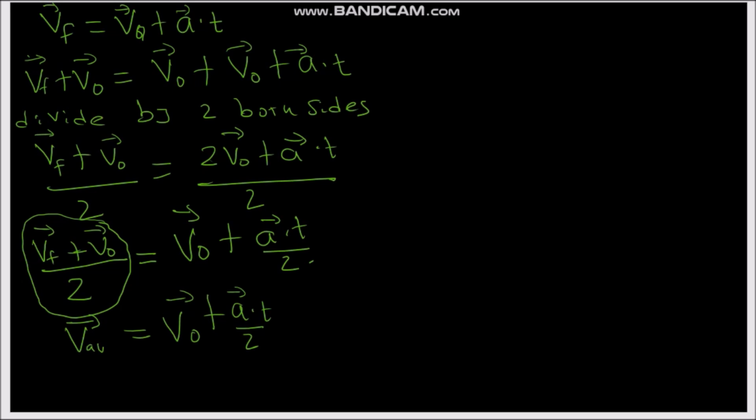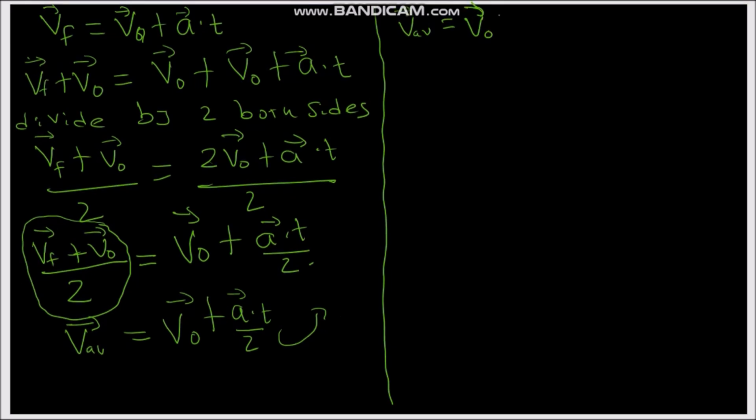And we know that we can write this one as the V average is equal to the initial velocity plus, this 2, we can write 1 over 2 times acceleration times time.